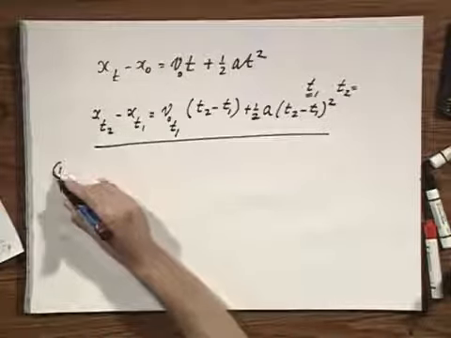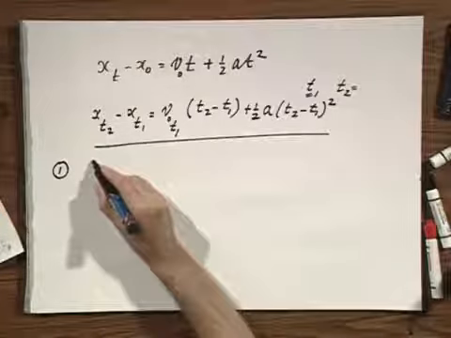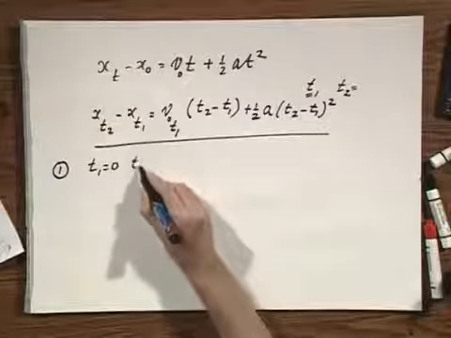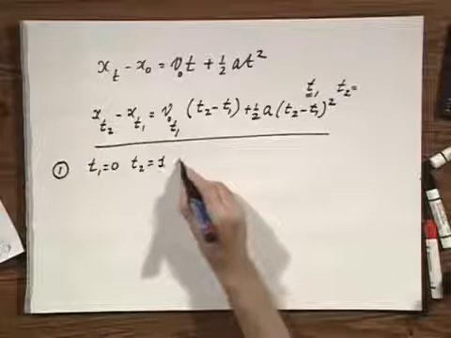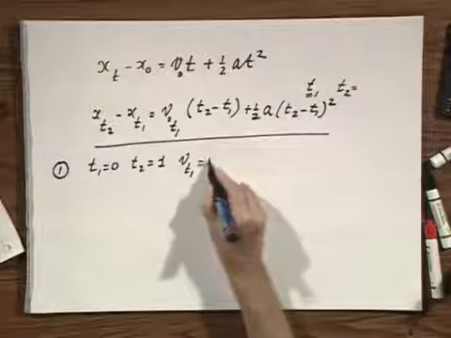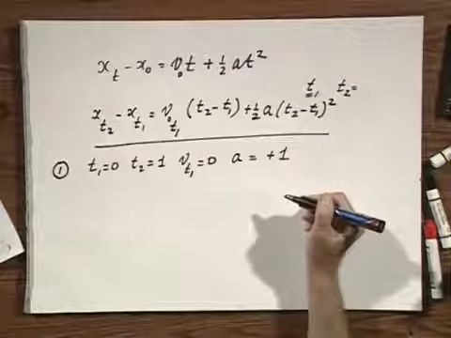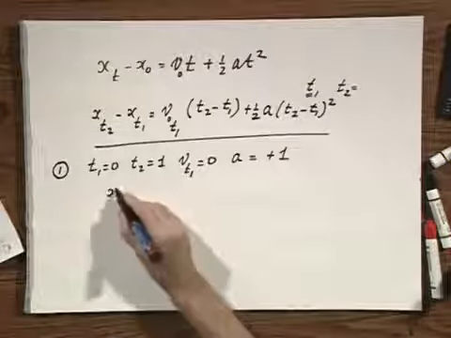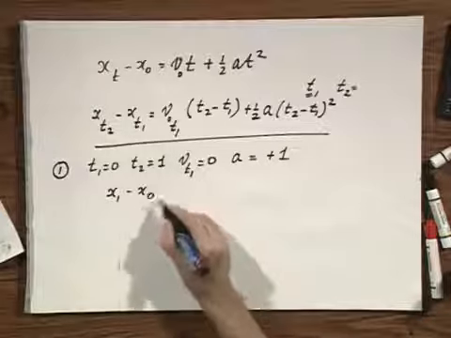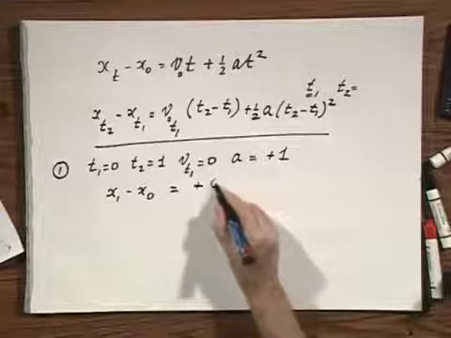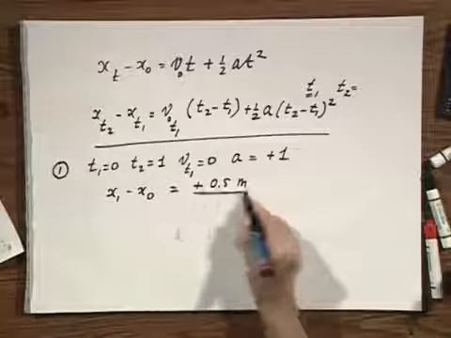If I now look at the first second, then t1 equals 0, and t2 equals 1, v(t1) equals 0, and a equals plus 1. We just calculated that. And if you calculate now x1 minus x0, you can use this equation if you want to, then you'll find plus 0.5 meters.